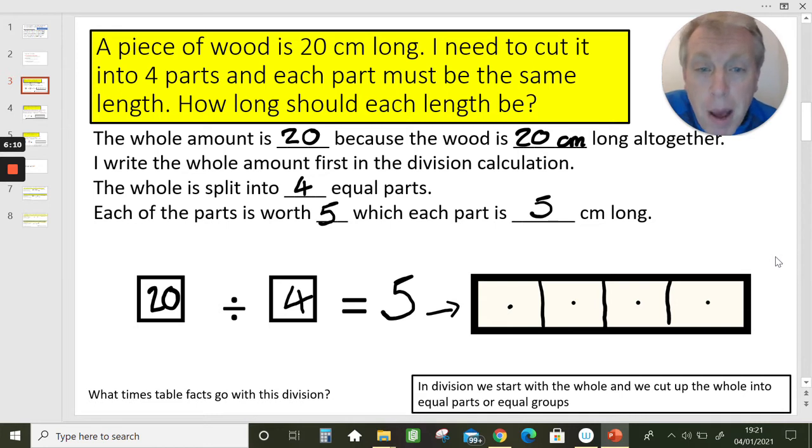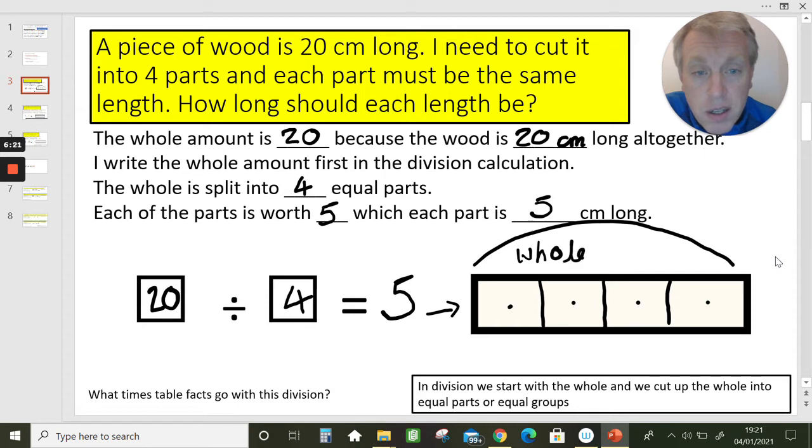Now, to complete my bar model, it's very important that I do this. The whole, and I want you to do this, and when you're doing your work for me, the whole is 20 centimetres. And the 5, where does the 5 go? Well, each part is 5 centimetres.